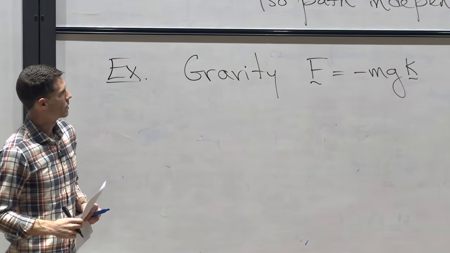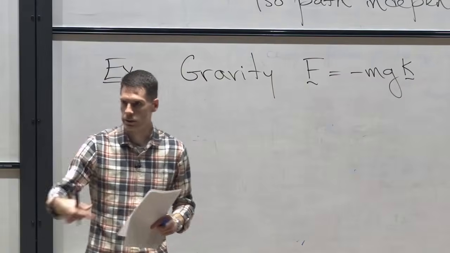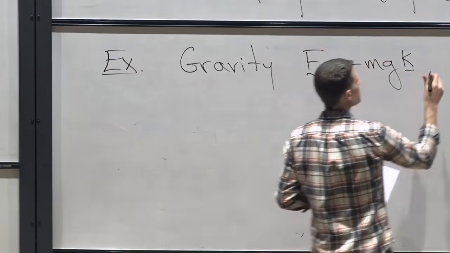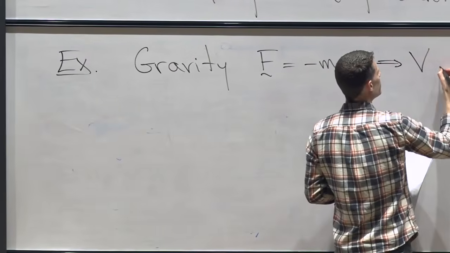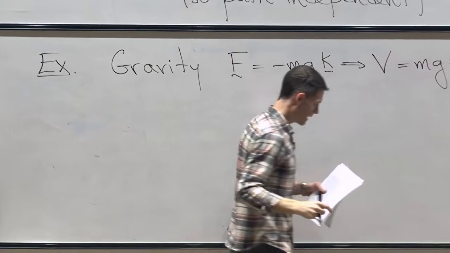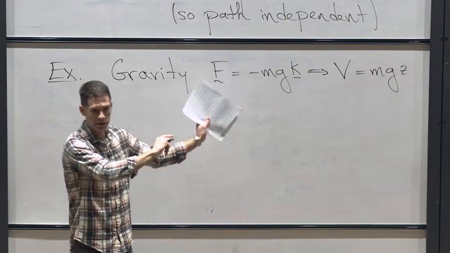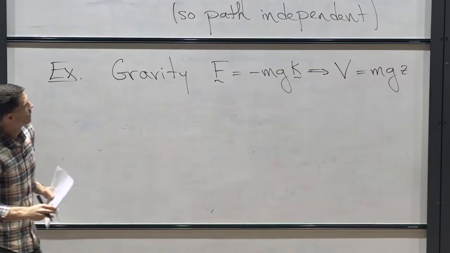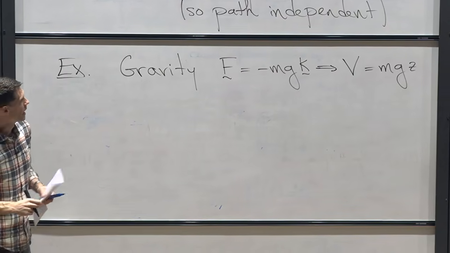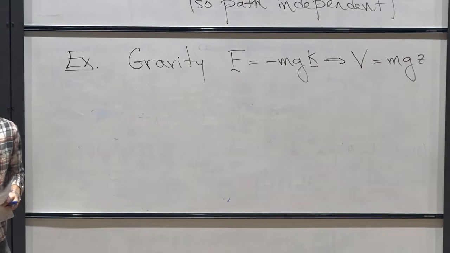This one's easy because I've written it in Cartesian coordinates, where we just take the antiderivative in each component. V is just mgz. It's the same thing as the 1D version we had before. I'm just now using an actual vector for F. And again, the sign there reflects that the larger the value of z, the higher the potential energy.